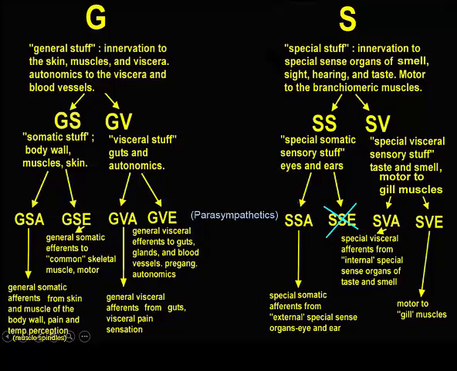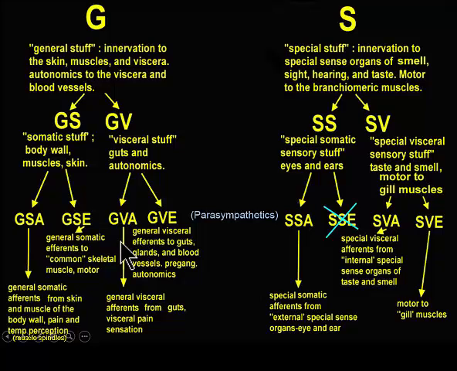And then you can split it once again into efferents and afferents. So general somatic afferents are dealing with the skin and muscles of the body wall, pain and temperature perception, proprioception, muscle spindles. GSE is simply general somatic efferents. So that's mainly going to your body musculature, things innervated by the radial and median nerve, etc. The eye muscles are general somatic efferents.